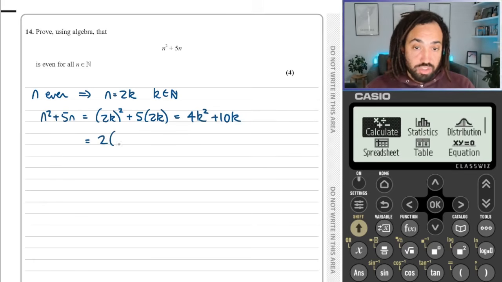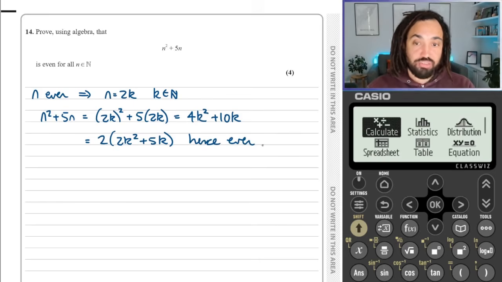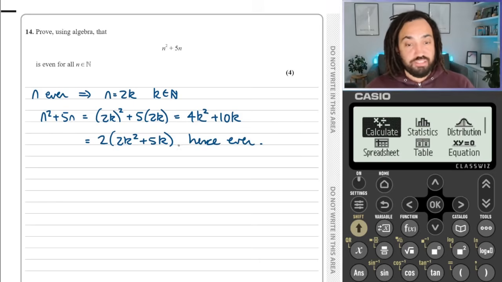So we can say that is 2 lots of 2k squared plus 5k, and then we can say hence even, because it has a factor of 2.